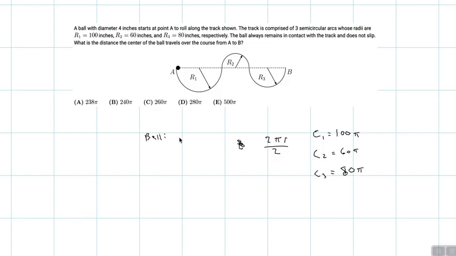The ball's circumference is 2 pi r, or just pi times the diameter, which is 4 pi.